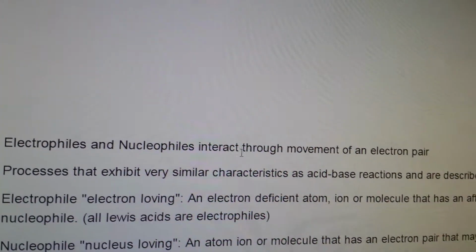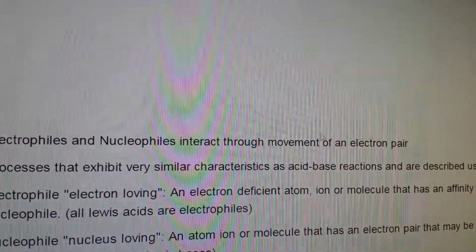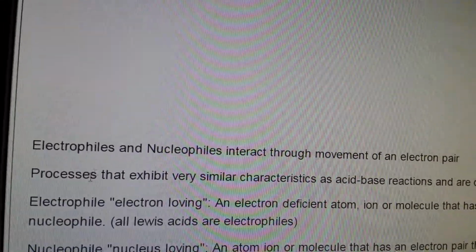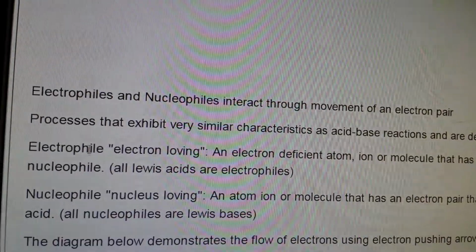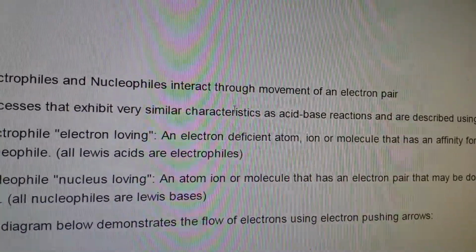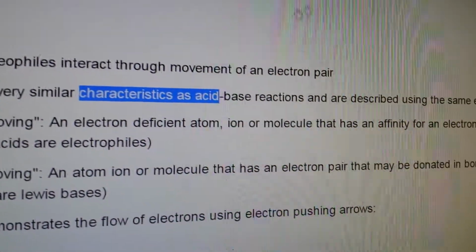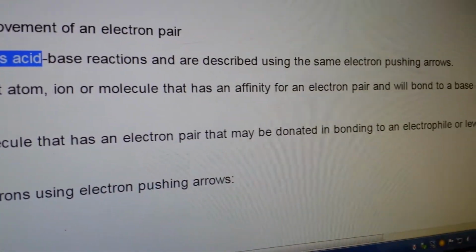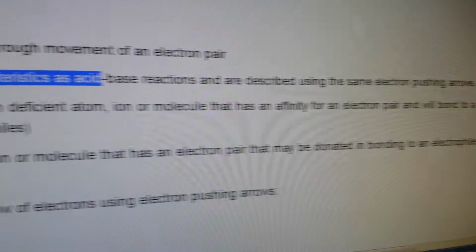Electrophiles and nucleophiles interact through movement of an electron pair. These processes exhibit very similar characteristics to acid base reactions and are described using the same electron pushing arrows.